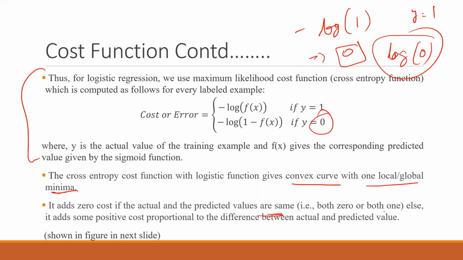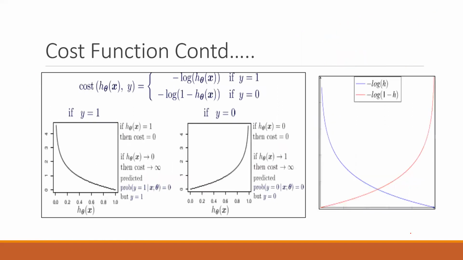So that's what is written here: it adds zero cost if both are the same, and it adds some positive cost proportional to the difference between the actual and predicted value. Whatever the output comes out to be, you have to handle it according to the cost function.